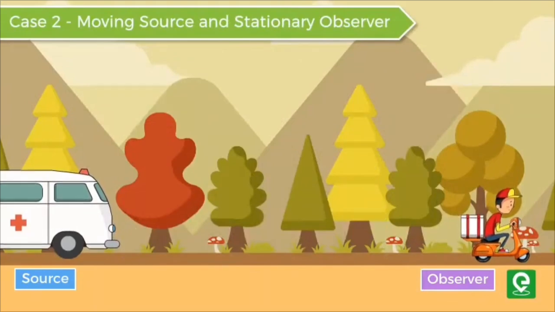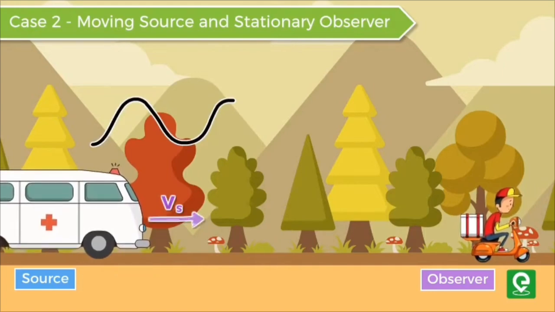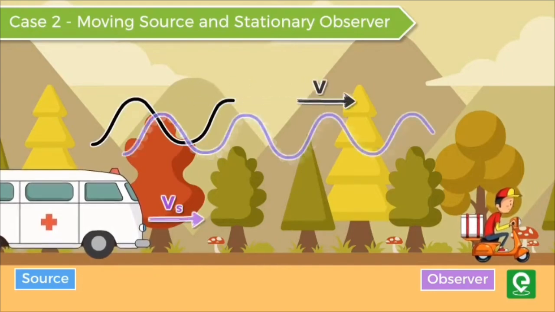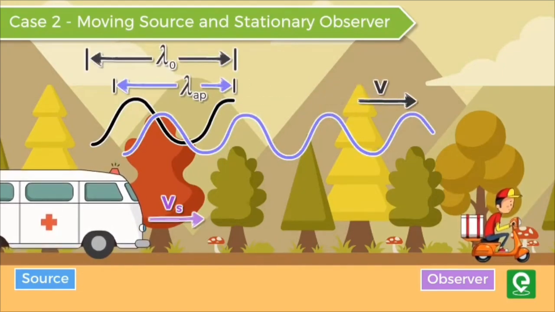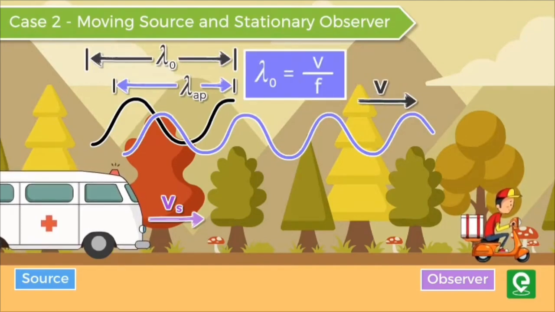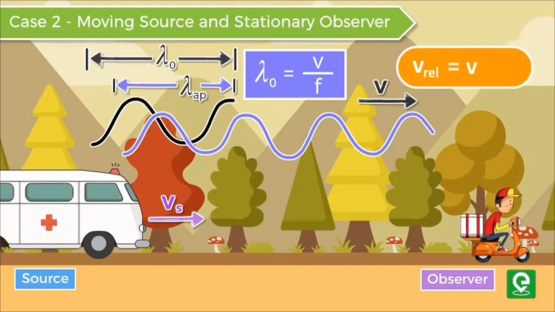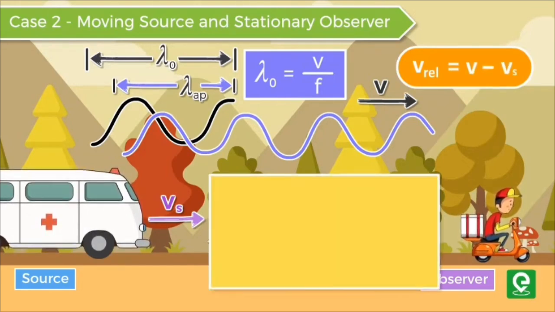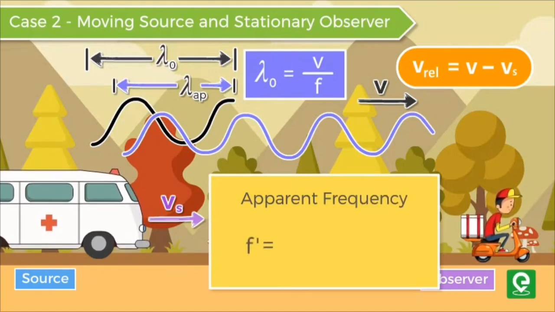Case 2. Moving source and stationary observer. When a source moving with velocity vs produces a sound wave of frequency f and the waves travel towards an observer with velocity v, then it has the wavelength λ0 = v/f. The relative speed of sound reaching the stationary observer is equal to v − vs. Therefore, the apparent frequency of sound heard by the observer, f', is equal to f × v/(v − vs).